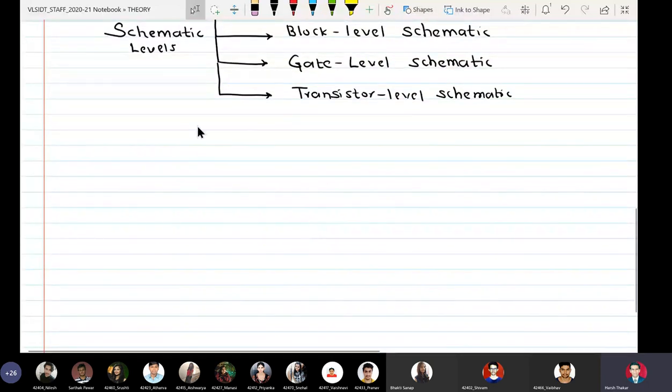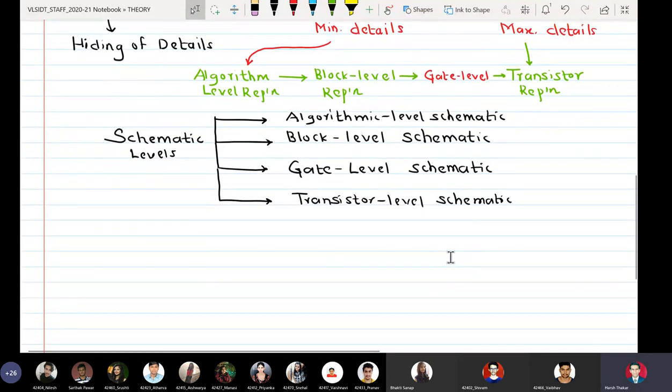As far as CMOS logic design is concerned, we actually work at the transistor level, starting from the gate level.